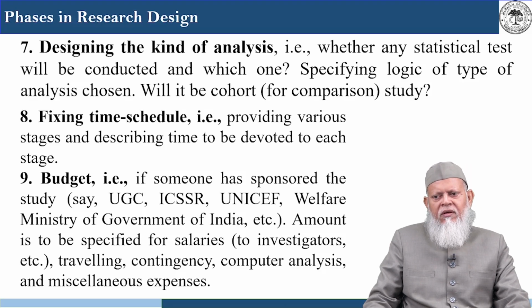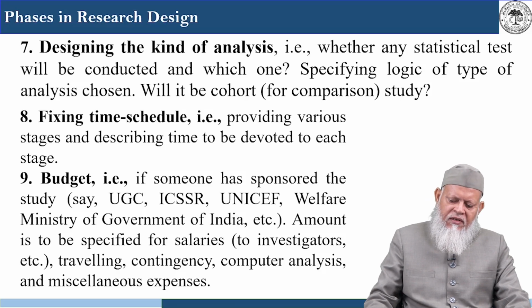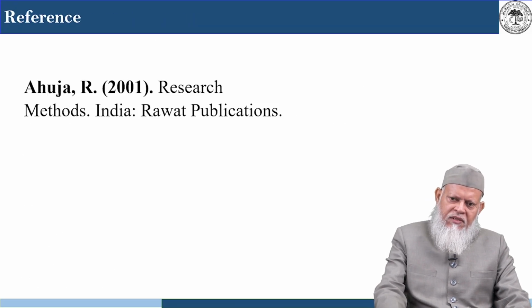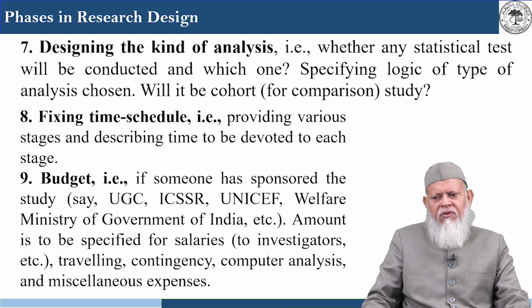Even now there are research advisory committees for each of the research scholars, and they assess the progress in the research every semester or every 6 months. So this is why we have to give the time schedule of our research in our research design, and the budget, of course.